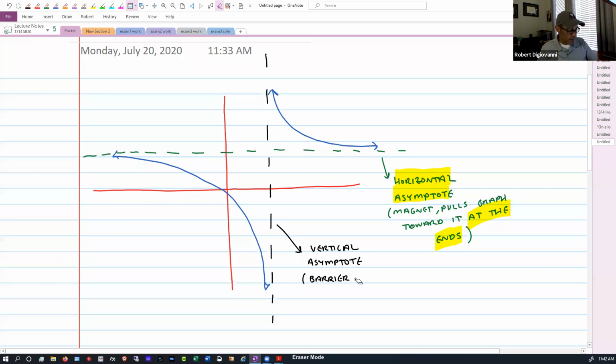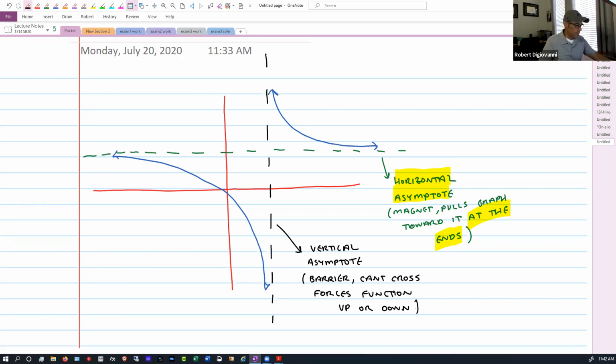It's a barrier. Can't cross it. And it forces the function up or down. Okay, y'all got that? Y'all with me?